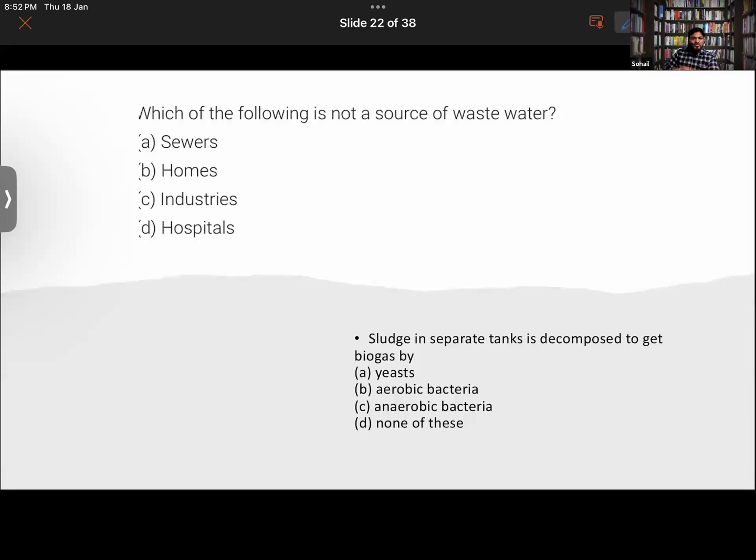So that becomes the source of the wastewater. So we have to answer which one it goes into or which one it comes from. You have to answer which of the following is not a source of wastewater. Read the question twice, and the meaning will be clear.